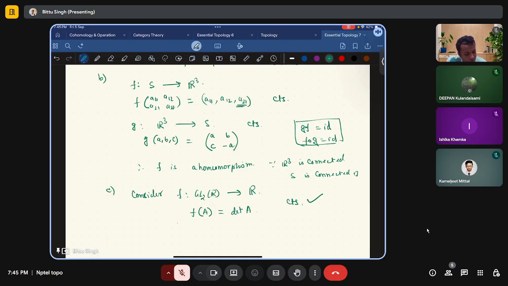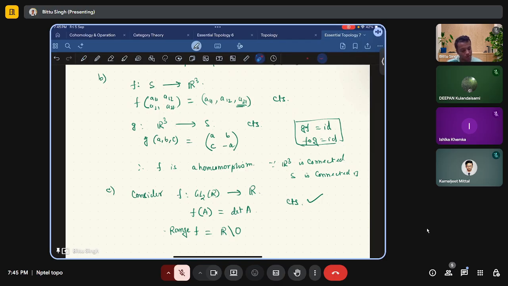Now, can you see that? Now, what is the conclusion? What is the range of this? What is the determinant of a matrix in GL2R? GL2R means the determinant is non-zero. Exactly. So what will be the range of f? The range of f is everything other than 0, right?